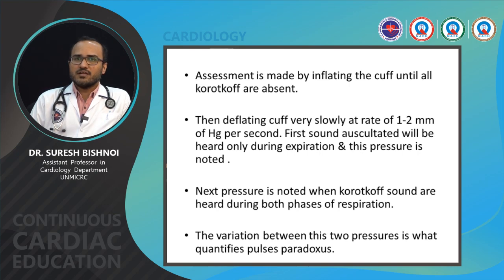You should first auscultate the sound which is heard during expiration. This pressure is noted. Then you continue to decrease the cuff pressure at the rate of 1 to 2 millimeters of mercury. And the next pressure is noted when the Korotkoff sounds are heard during both phases of respiration, that's inspiration and expiration. You mark both pressures, the first pressure and the second pressure. And the difference between both pressures is what quantifies the pulsus paradoxus.